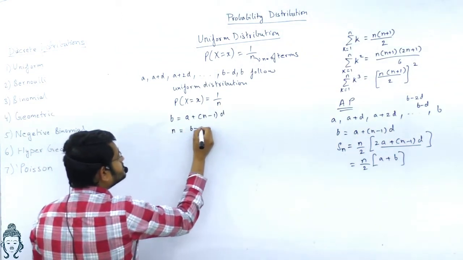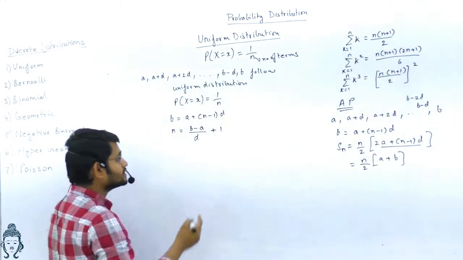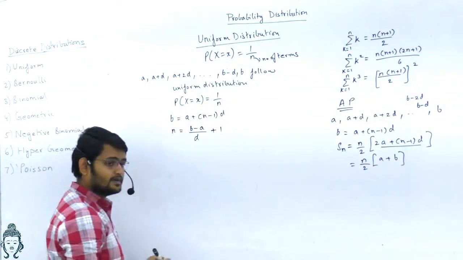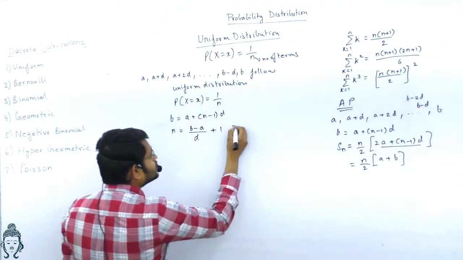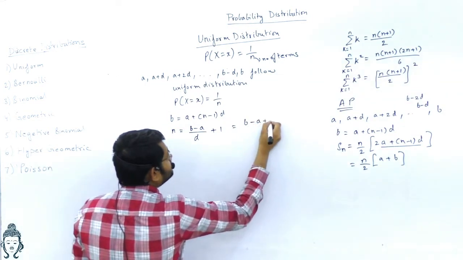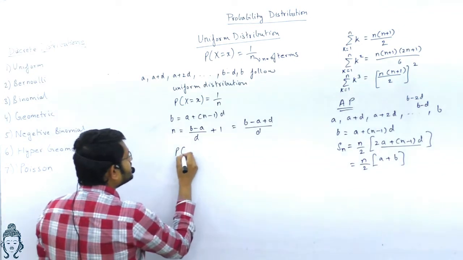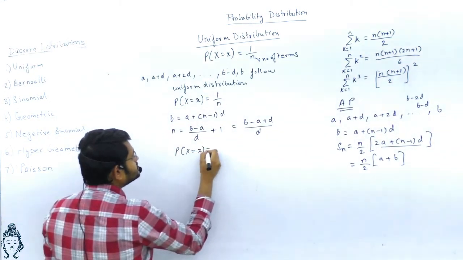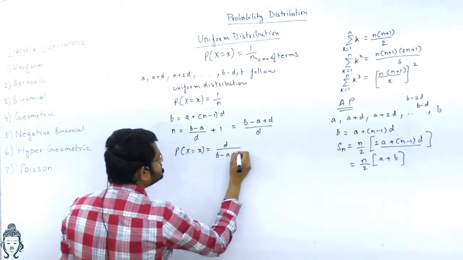So I'll get b minus a upon d plus 1. This minus 1 goes. So we get b minus a upon d plus 1, or you can say it's nothing but b minus a plus d upon d. So we can say probability x is equals to x is nothing but d upon b minus a plus d.